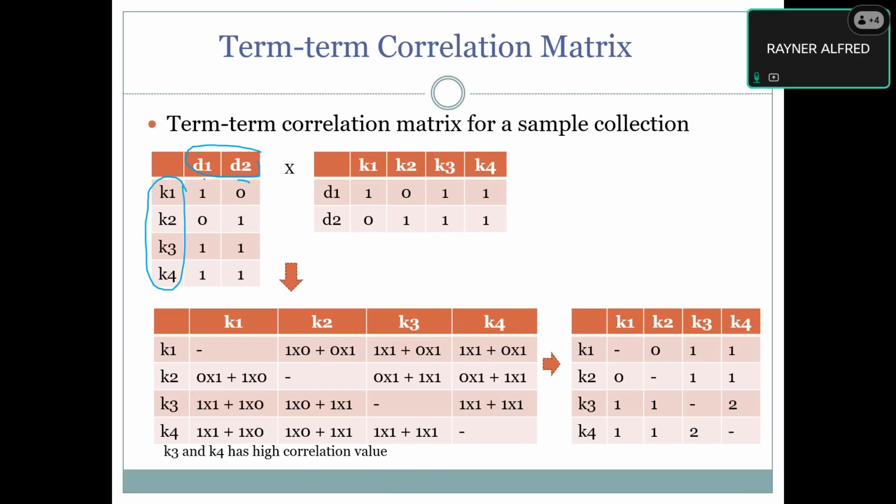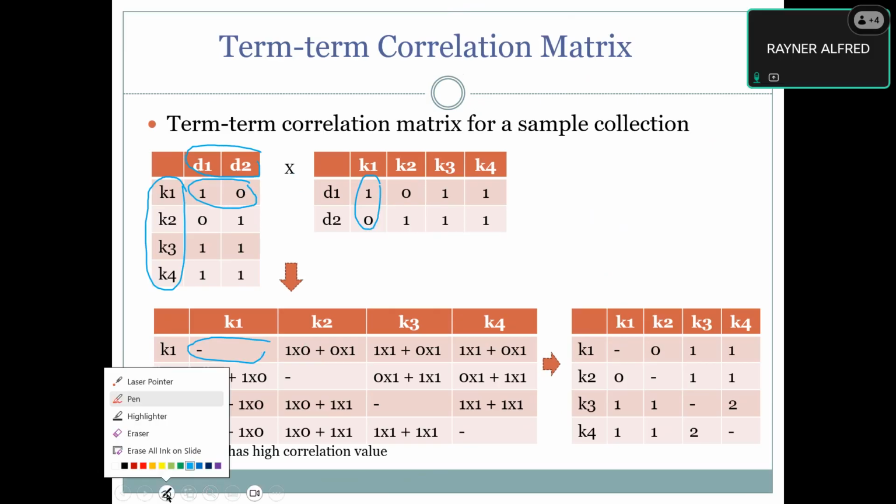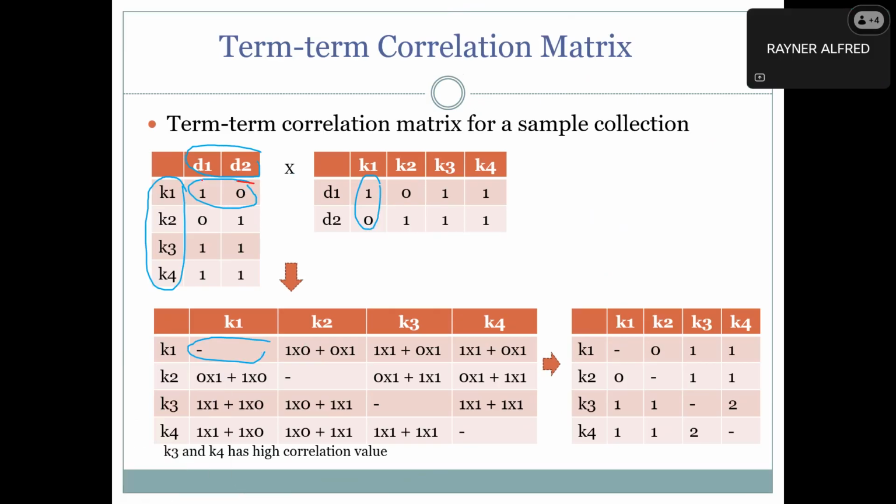We take this, multiply with this, and then we get, of course, values here, but we don't care about that one. We are looking at this times this, which is this. So 1 times 0, 0 times 1, we get 0. We compute for each of these, then we get this. So this is your correlation matrix.